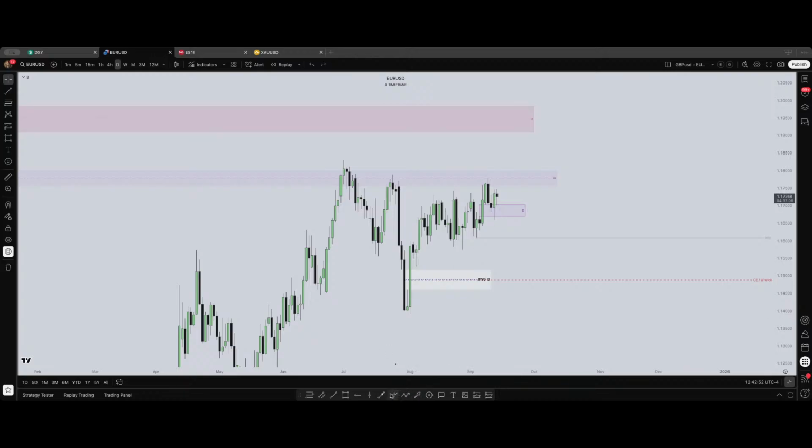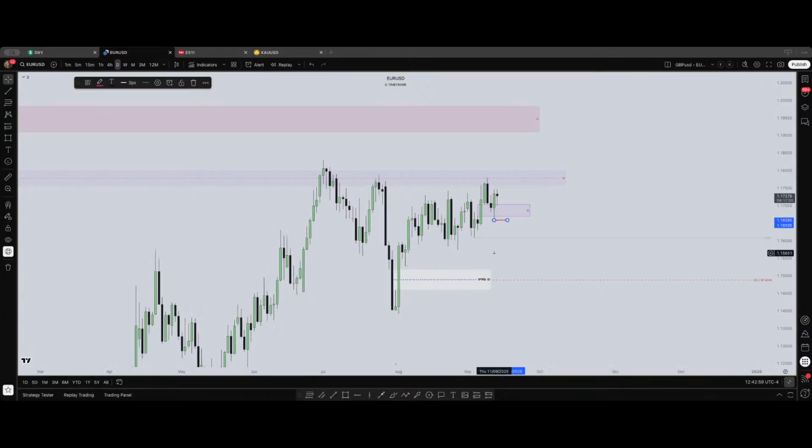If we have this low break, we can think of a change of the bias, and I would like to see price visit this area and then go up, but it can happen that price from here just continues going up.